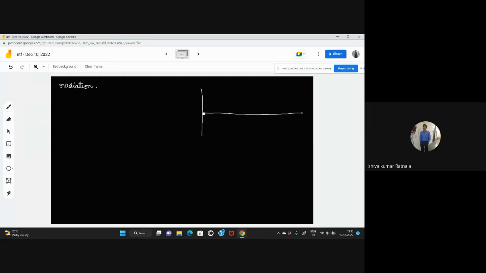Let me take the electric field coming like this in the form of a wave. Let me assume like this. This is the electric field. Now let me take propagation in the x direction.